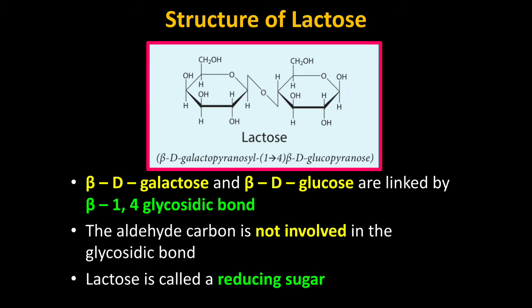The first carbon of galactose is the anomeric carbon of galactose, which is linked with the fourth carbon of glucose, and this fourth carbon of glucose is not an anomeric carbon. So here the aldehyde carbon is not involved in the glycosidic bond, hence it retains the reducing property. So lactose is called a reducing sugar.